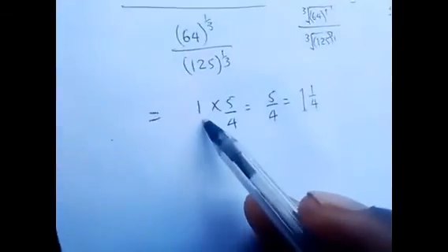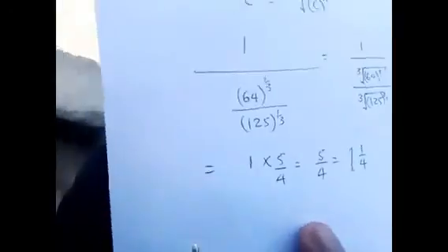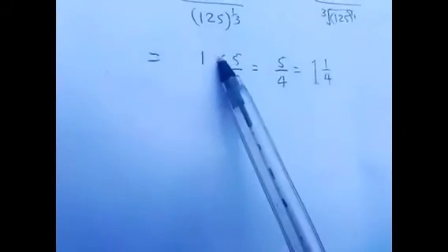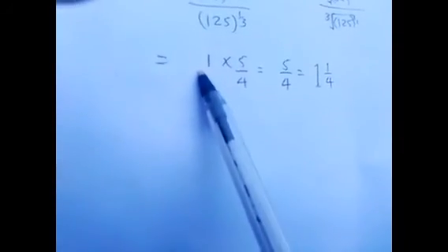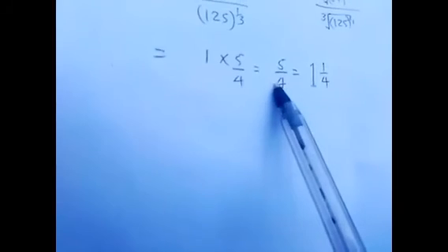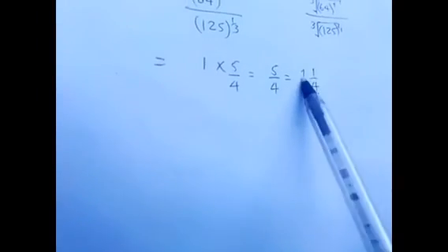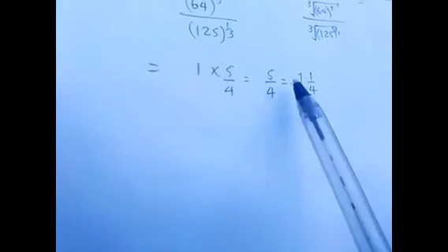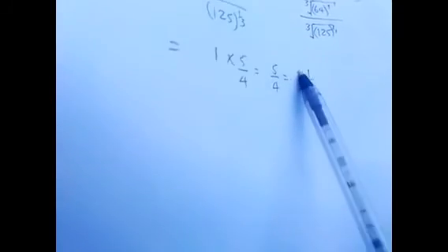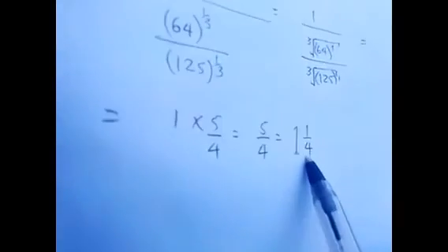So you know that 1 is the same as 1 over 1. So 1 multiplied by 5 is 5, and then 1 multiplied by 4 is 4. You can convert it to a mixed fraction. 4 into 5 is 1, and then remainder 1 over 4.